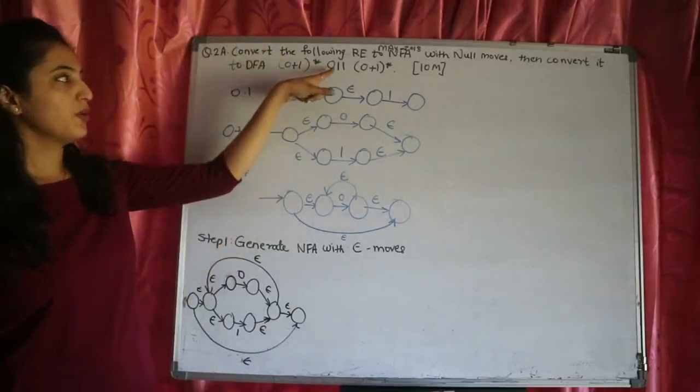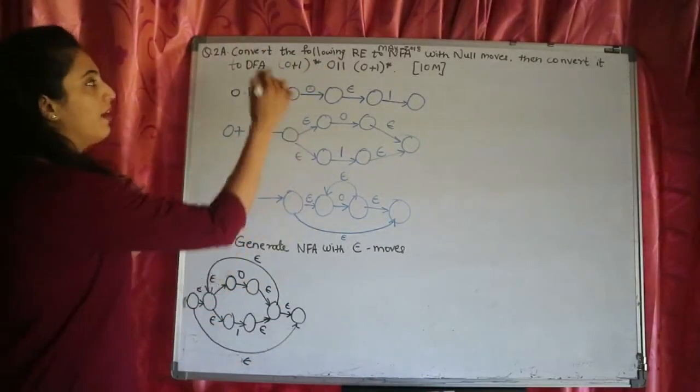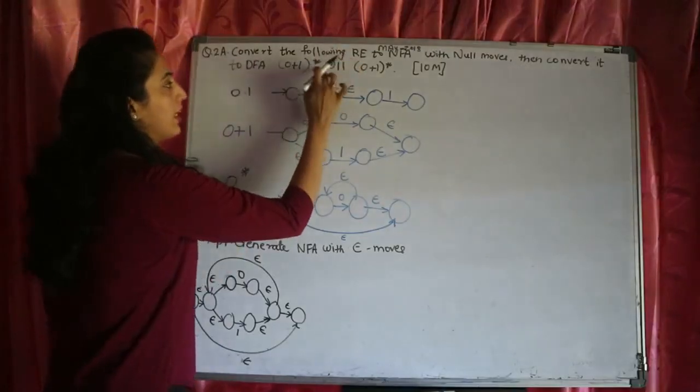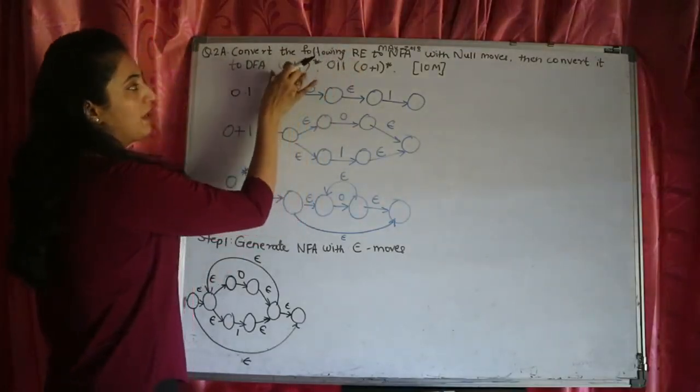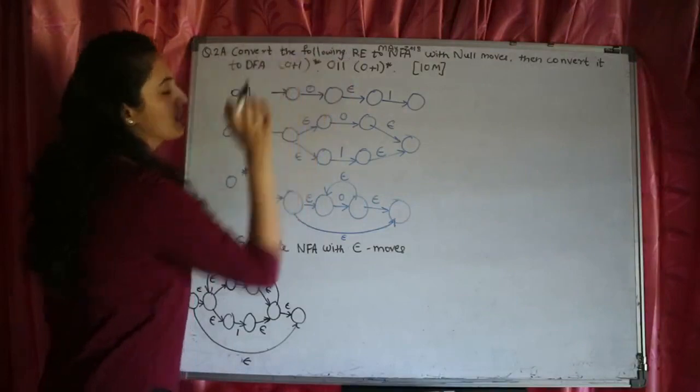Now next we'll do 0 1 1. Anything concatenated: there is a concatenation between (0+1)* and 0.